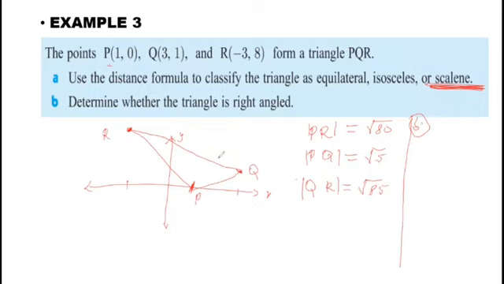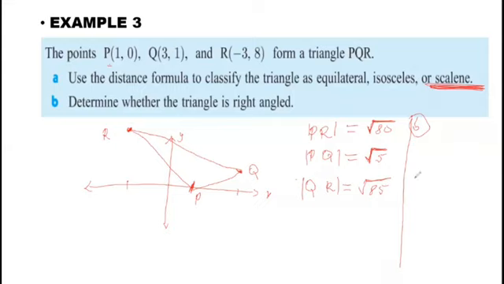In this case, we can see that the longest side is QR based on the distance.